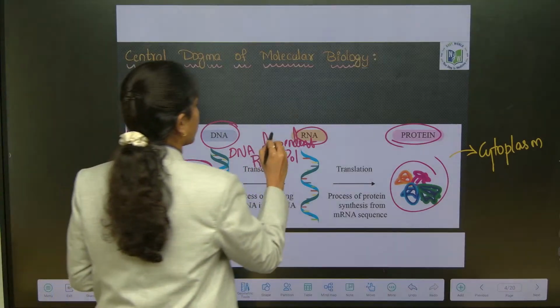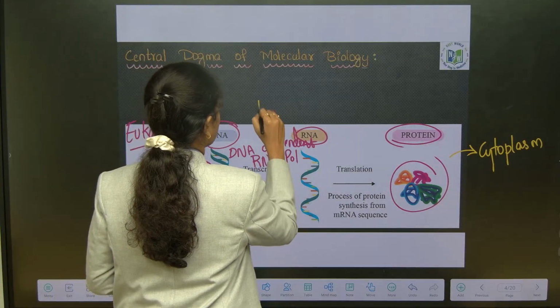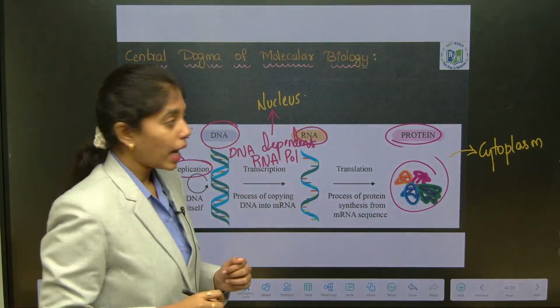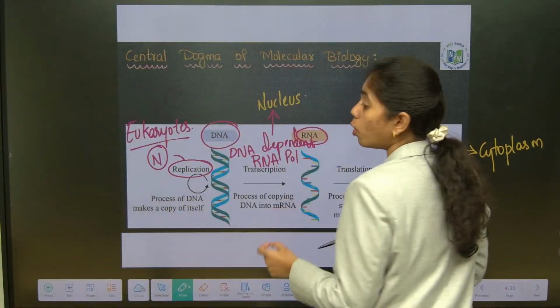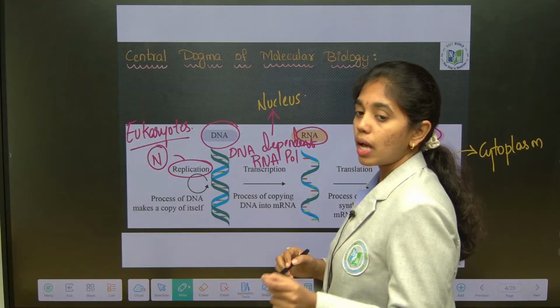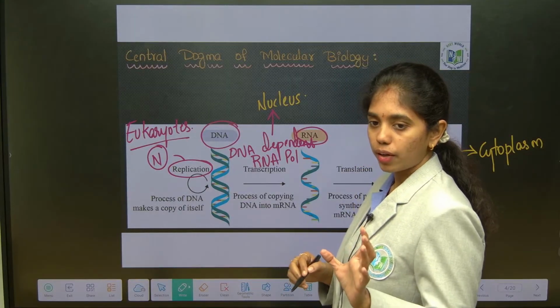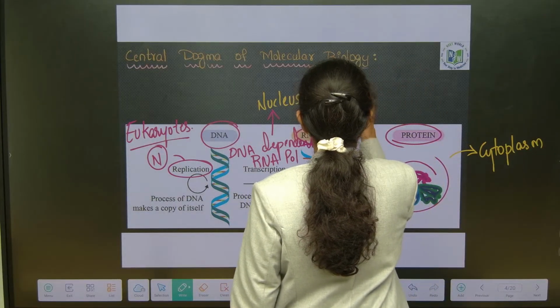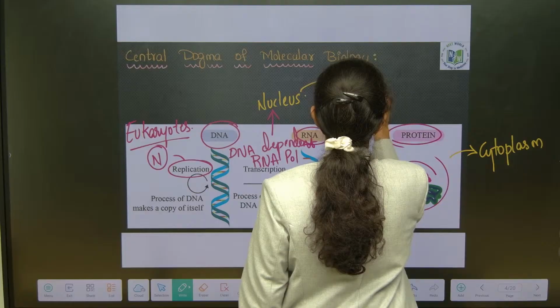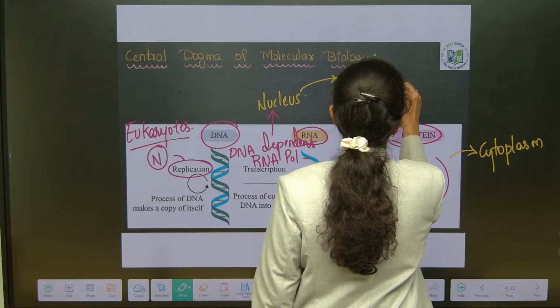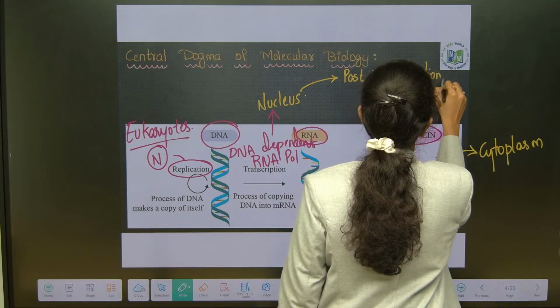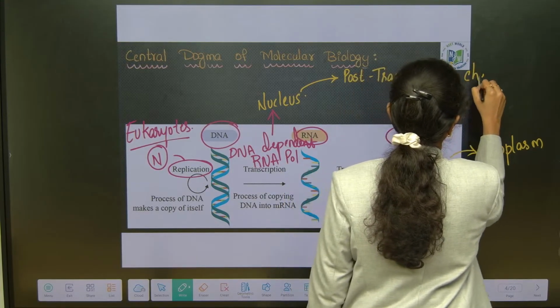This also takes place inside the nucleus. And there are post-transcriptional events that occur only in the eukaryotic cell, which also occur inside the nucleus. What are they? Post-transcriptional changes.